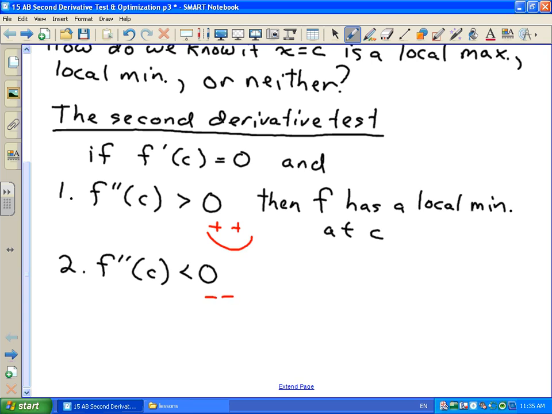Negative, negative. That guy isn't very happy. We're going to have a local maximum at that point c. So if f double prime at c is less than 0, then f has a local max at c.